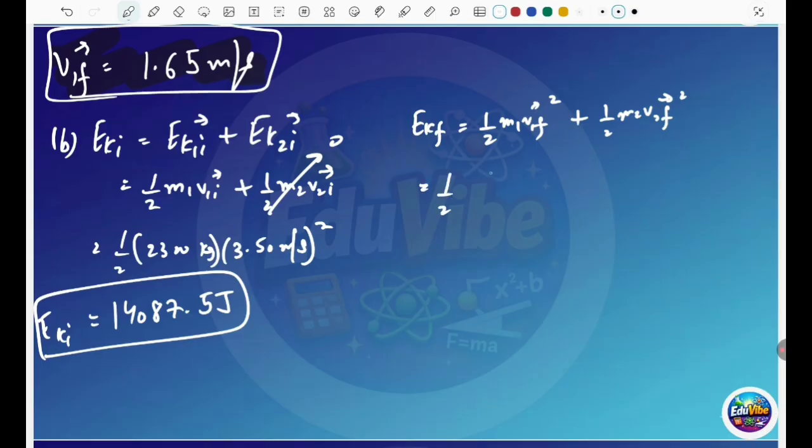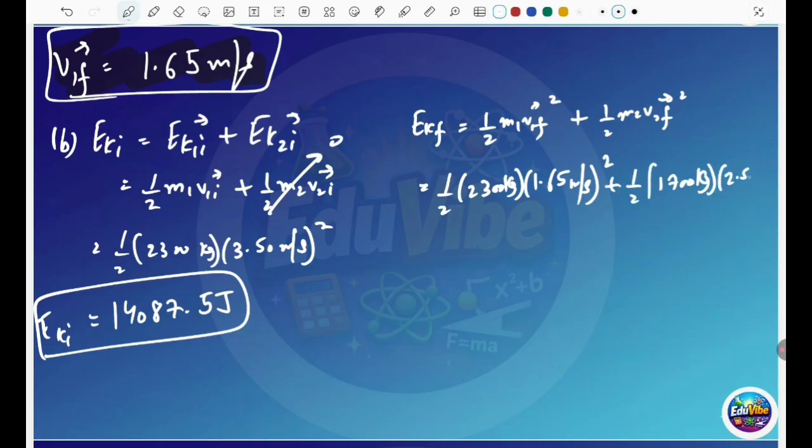Now all the values can be used. So this is 2300 kg and we have 1.65, which we already found in the first part, meters per second squared, plus half of 1700 kg and 2.50 meters per second squared.